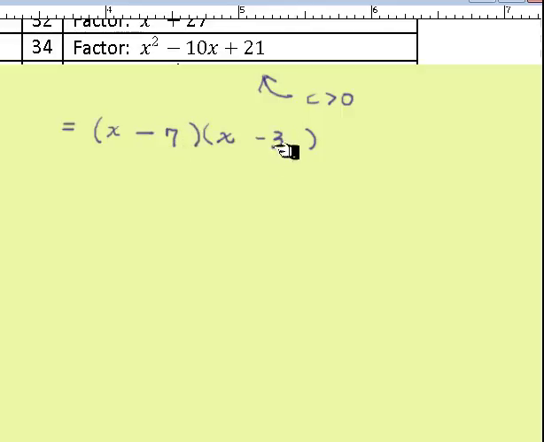And we see that that'll give us the correct middle term. Minus 7x minus 3x, and that gives us the minus 10x.